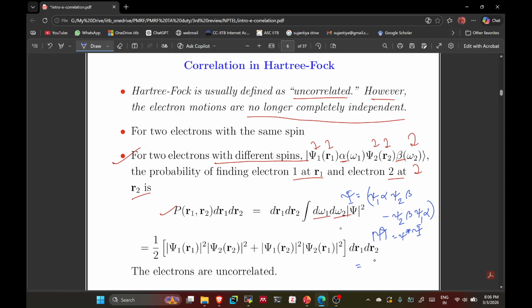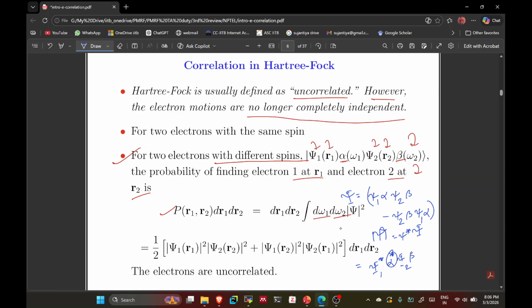So you will have terms like psi 1 star alpha and psi 2 beta, this kind of terms will be there.